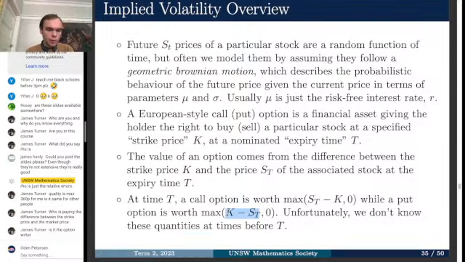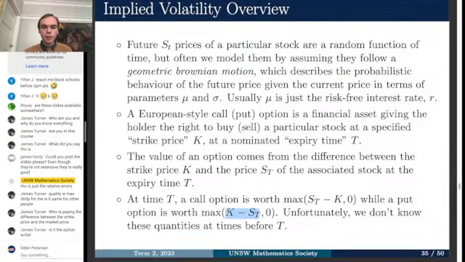So someone asks, who is paying the difference between the strike price and the market price? So I guess the writer of the option will have to, they have an obligation to provide 1 unit of the stock, or however many units of the stock, in the event that the holder of the option chooses to exercise it.